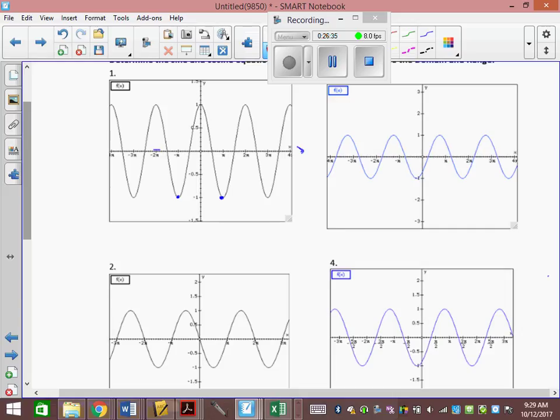Now, remember, the min was on the y-axis, correct? So if we choose this one, we're saying it's moving to the right pi. If we choose this one, we're saying it's moving to the left pi, because we're moving from the y-axis, right? We moved it. So could we use either of those and be correct?